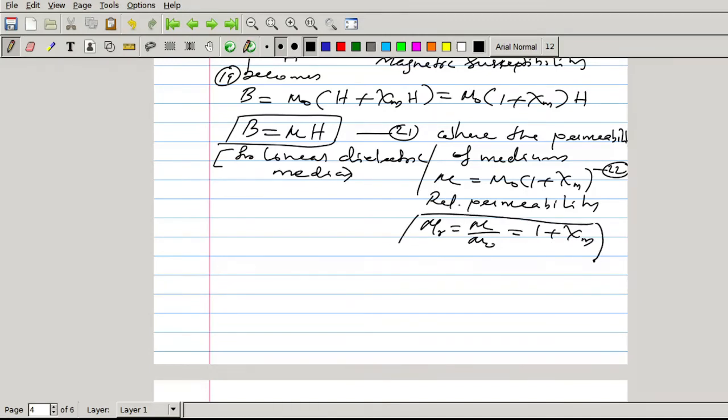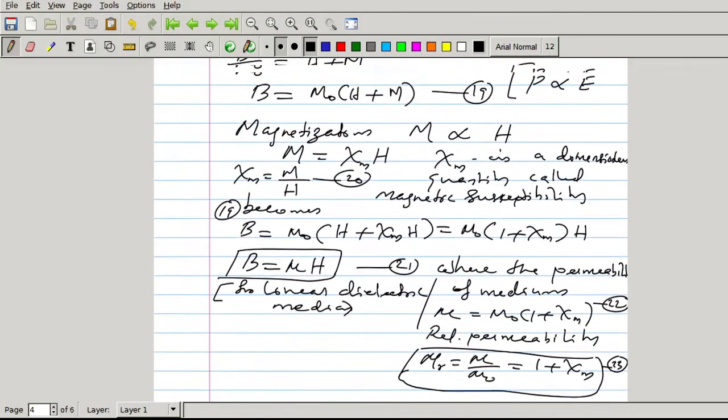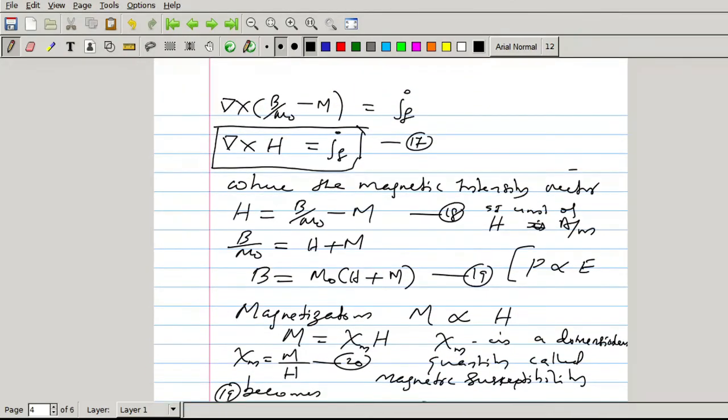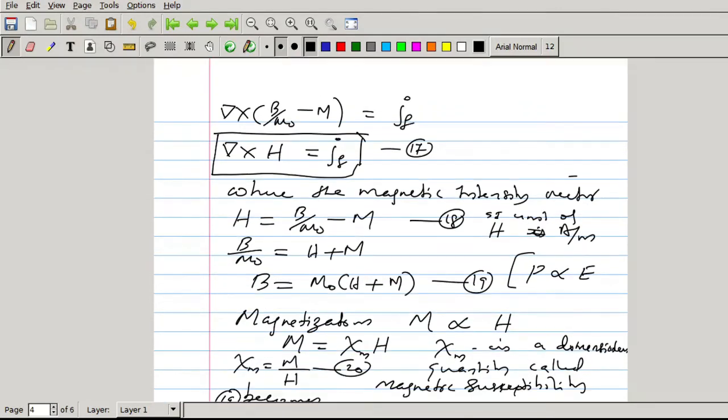This is the expression for relative permeability, equation number 23. So B equals mu H for linear dielectric media. Equation 17 is not Maxwell's equation; this is Ampere's circuital theorem.